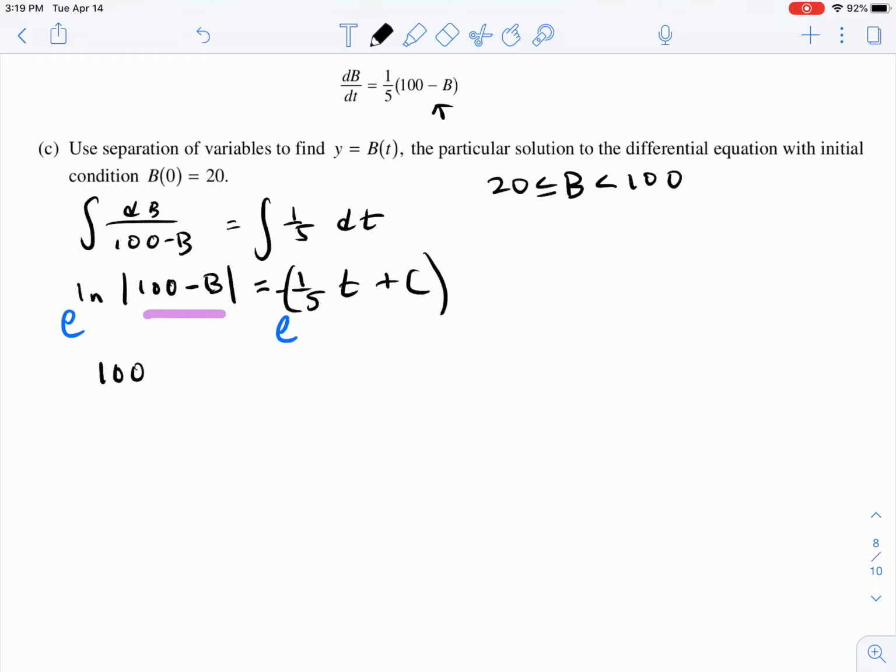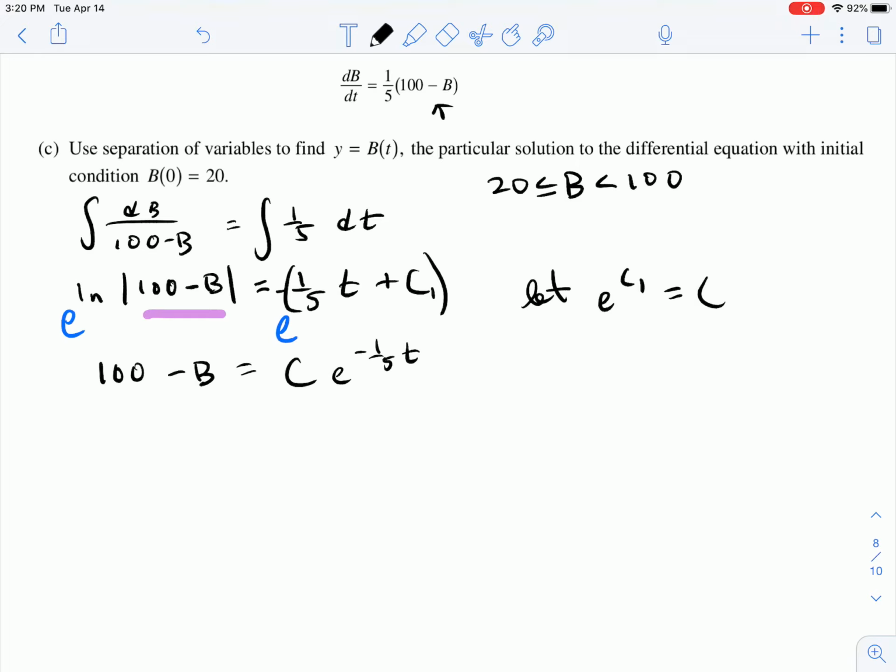We always know that 100 minus B is going to be positive. So we have 100 minus B, exponentiate this side. This is where you might want to say, and be careful with our constants here, let's call that c1. Let's call e to the c1 equal to C. Okay, so then we can write this as big C times e to the power of negative 1/5 t.